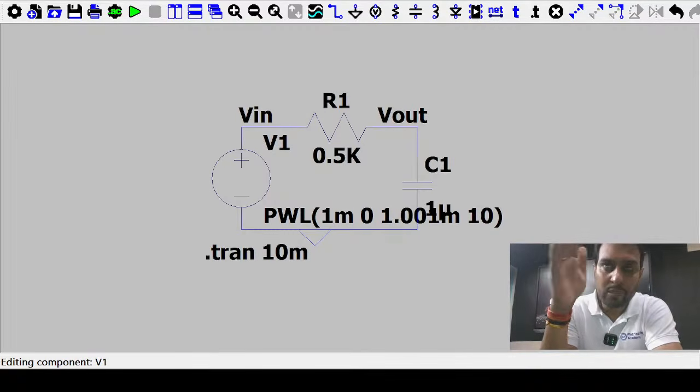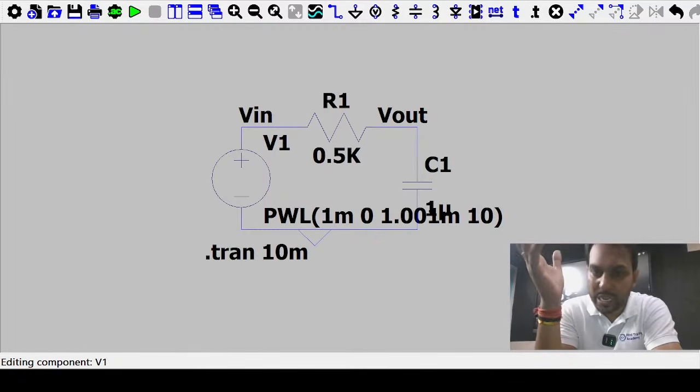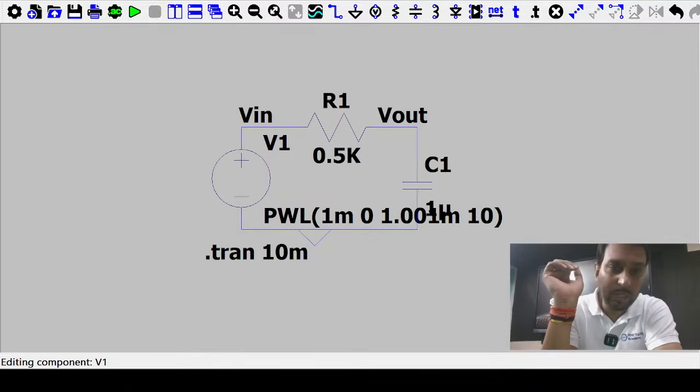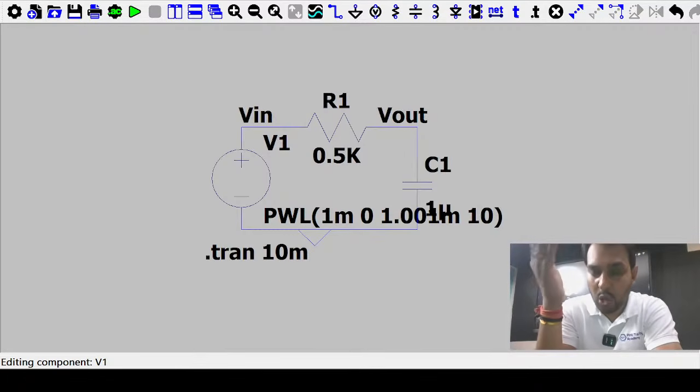Whenever you have a constant voltage, the capacitor acts like an open circuit in steady state, so it charges to the maximum voltage, that is 10 volt. So till 1 millisecond the capacitor voltage is 10 volt. As the input voltage becomes 0, the capacitor has a path to discharge. So it discharges through the resistance path exponentially, that is V out is equal to 10 e to the power minus t by tau.